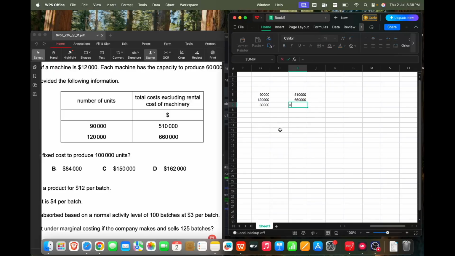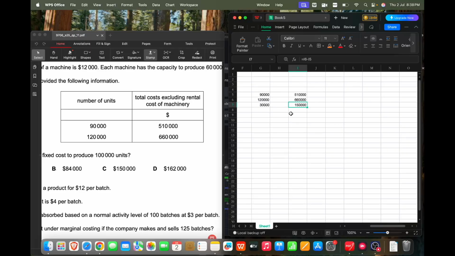Now if I do that, this will give me the cost of producing 30,000 units. I was producing 90,000 units, now I produce 120,000, so the extra units I produced is 30,000. I was paying 510,000, now I am paying 660,000, so the extra cost that I paid is 150,000.